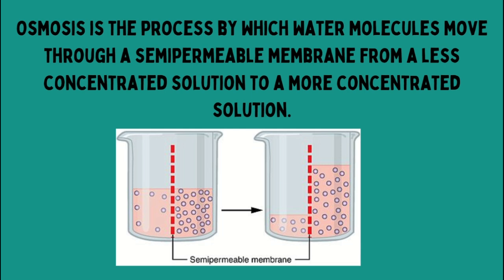Semi-permeable means that some stuff gets across. But it's the same concept, high concentration to low concentration, because the goal is always to have the molecules evenly distributed at the end of the day.